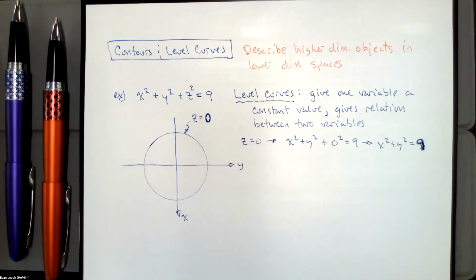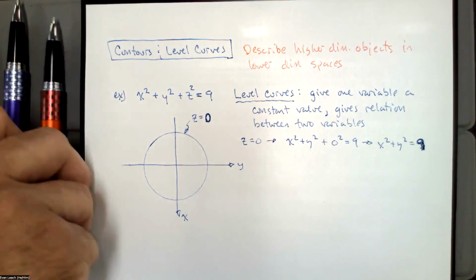So now that that's sorted out, we can see where this is going to go next. I'm just going to pick another value of z and see what kind of level curve we get there.